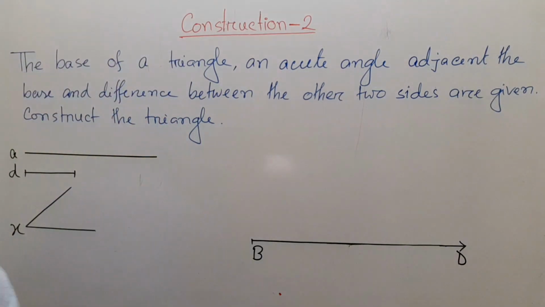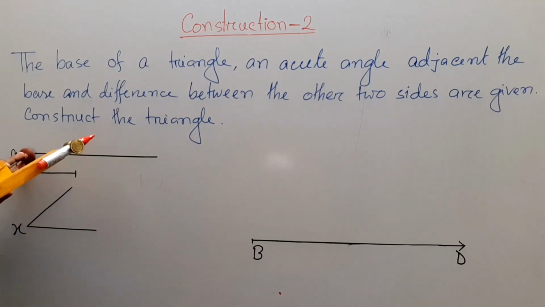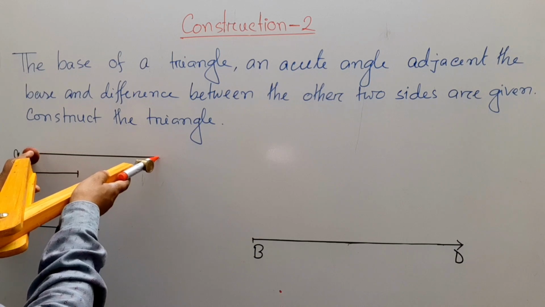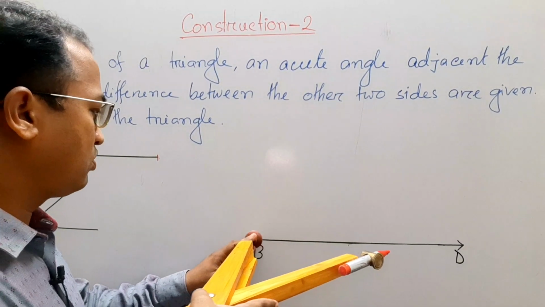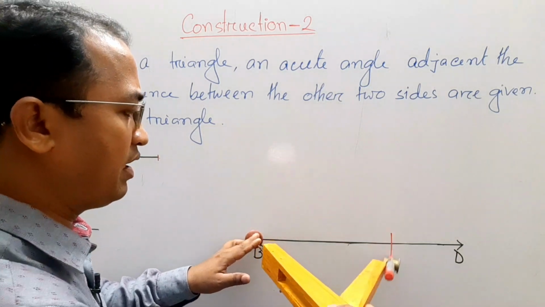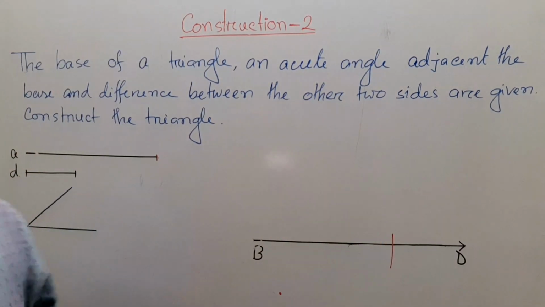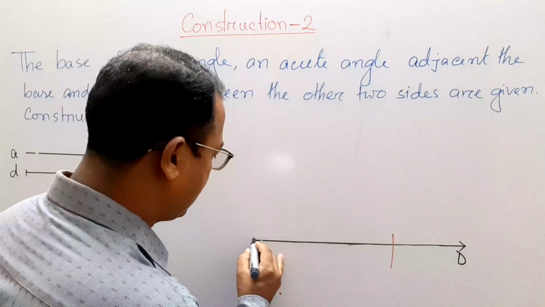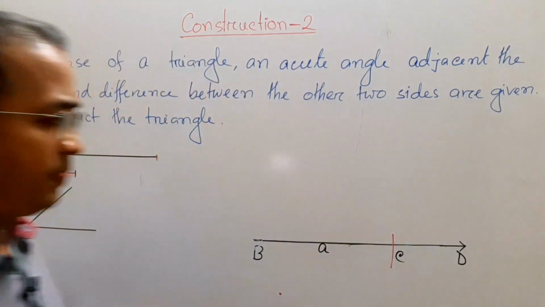I think all of you know this, but follow me. Measure this line, set the compass at B and draw an arc. That arc is at C. So BC is equal to the base A.